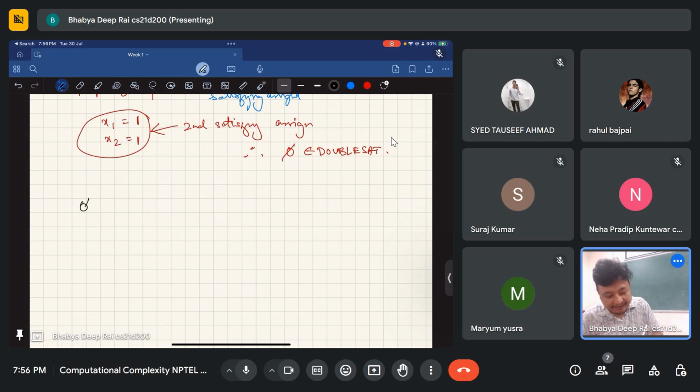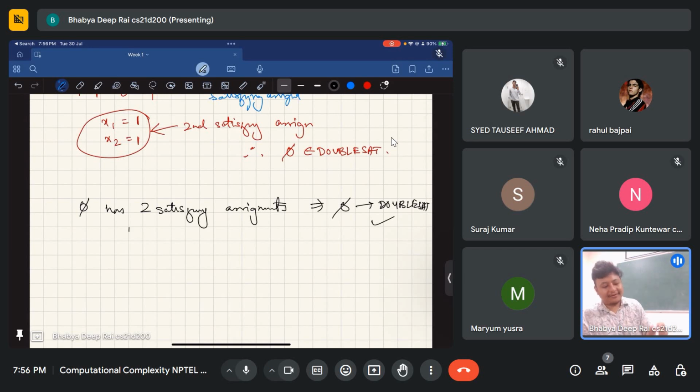Okay, so let's say phi has two satisfying assignments. Then if I pass phi to double SAT, I don't have a problem. It also anyway has two satisfying assignments. It belongs to SAT, and this will obviously belong to double SAT. It is not a problem. It already has two satisfying assignments, and that is enough for me.